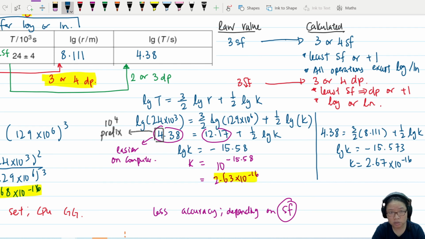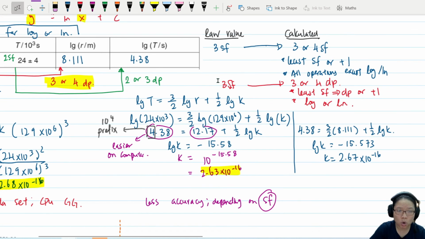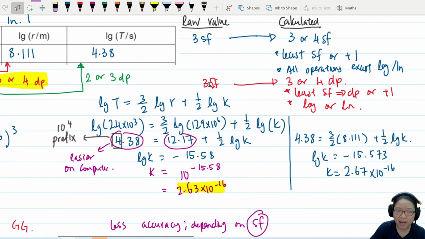This is why whenever we have log and ln, we transfer from SF to DP. Because if I stick to the SF convention, let's say this is 3SF, I stick to 4SF, this 24 is 2SF, and then I reach here, I take 3SF, then my answer is not that accurate. But if I follow the decimal point convention, my answer is a little bit more accurate, not the best.